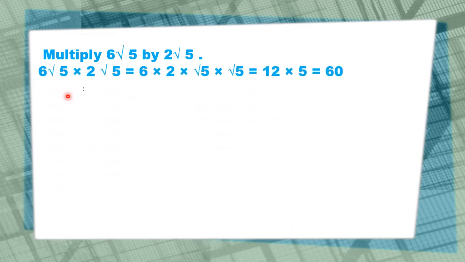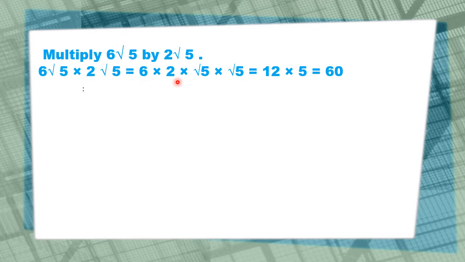Multiply 6 root 5 by 2 root 5. Let us see what will be the result. On multiplying these two numbers, first we are taking the whole numbers or the natural numbers in the beginning, and the roots will be taken in the next part. So we are making a group of the roots and a group of the whole numbers.